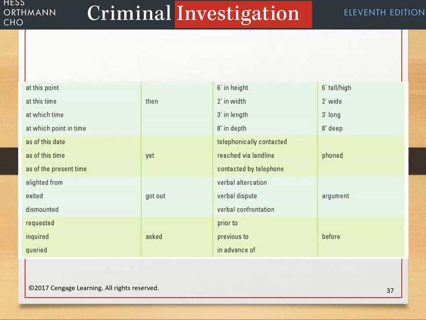Next, if a witness or victim has provided any written information, make sure it is clear and understood. Next, do not use uncommon abbreviations. Stay away from the jargon. Remember, we talked a little bit about that. Don't make stuff up. All right?